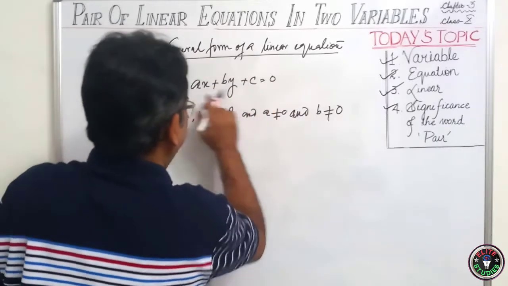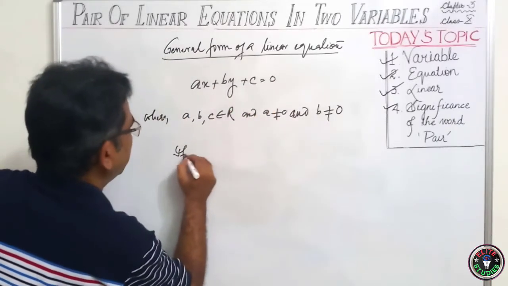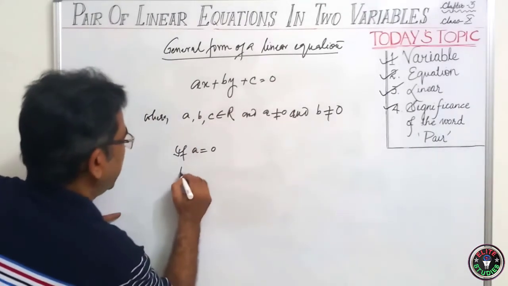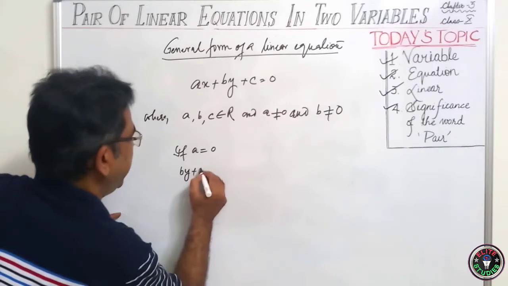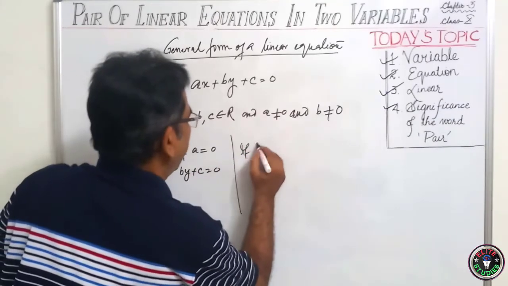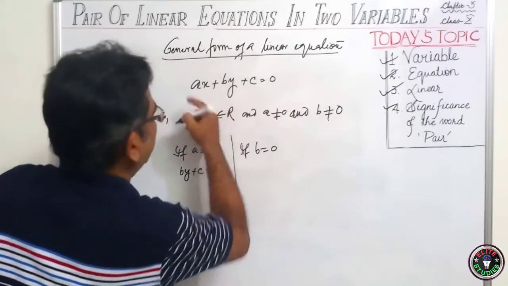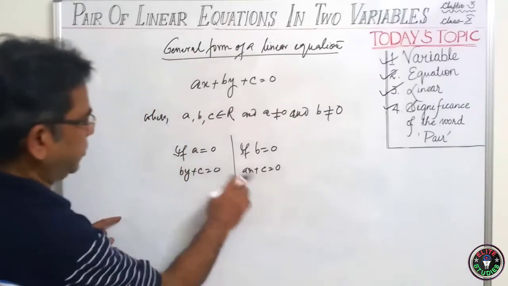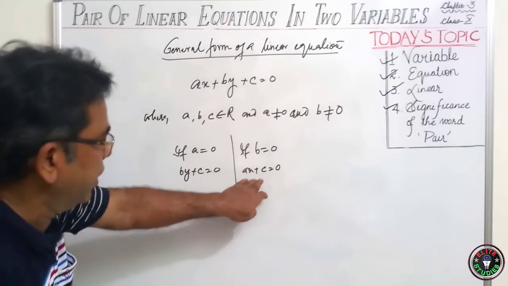If a is equal to 0, the given equation reduces to by plus c is equal to 0. It is an equation. If b is equal to 0, then it becomes ax plus c is equal to 0. So it is again an equation.